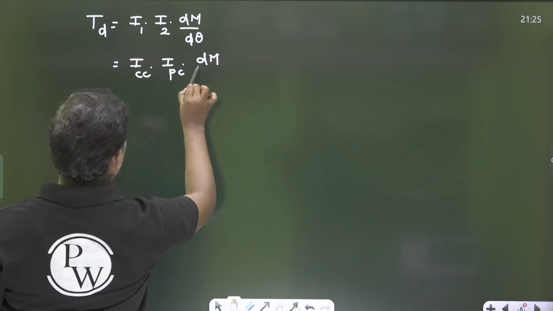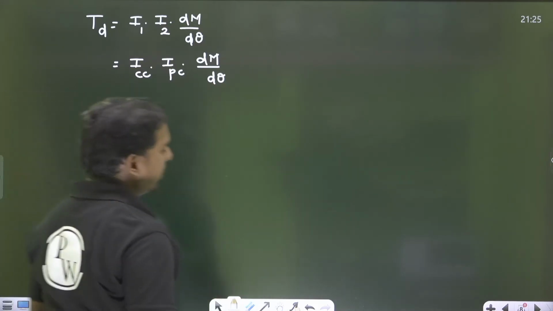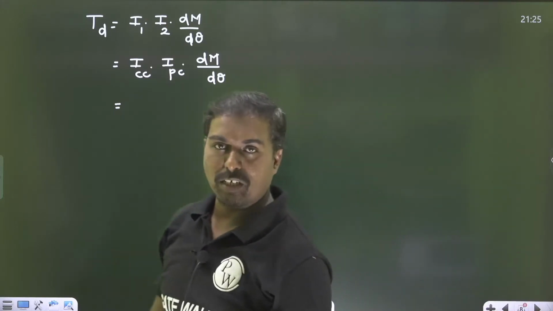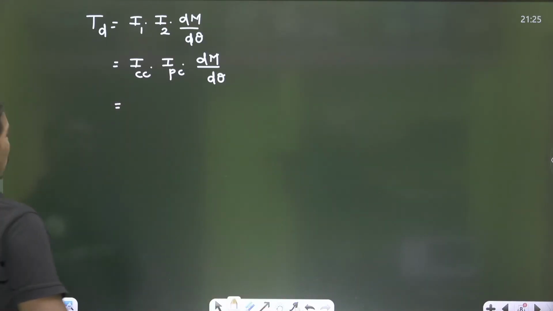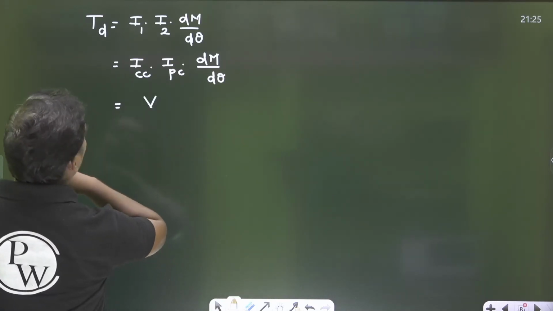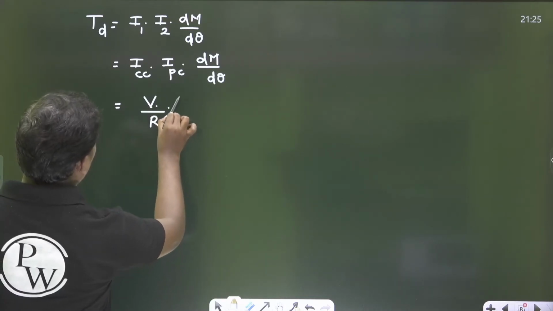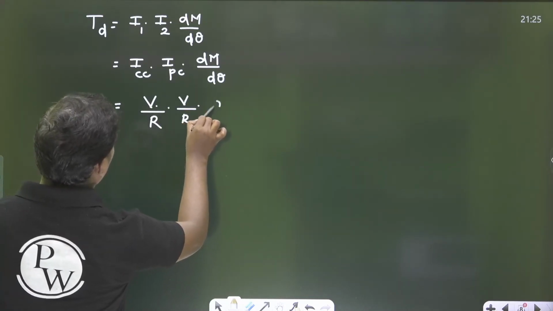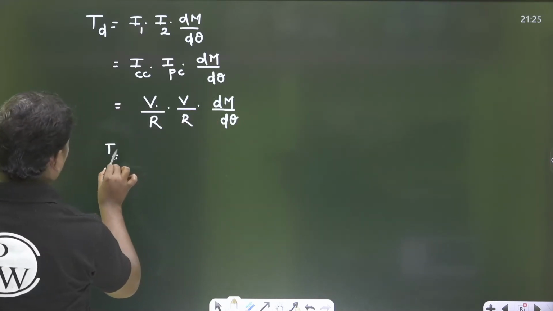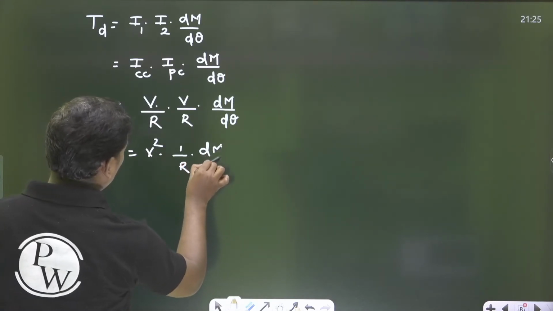Now what can I write here? Both ICC and IPC I can express in terms of voltage, so I can write voltage by R and voltage by R, dM by d theta. So I can write this expression as V square by R square, dM by d theta.